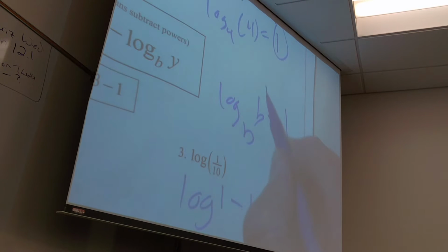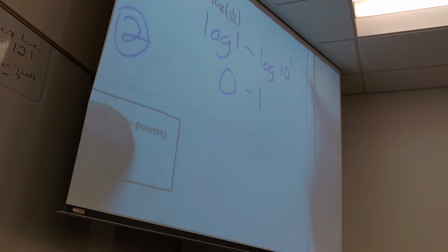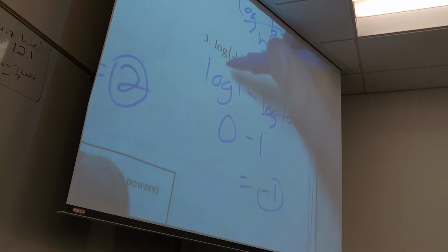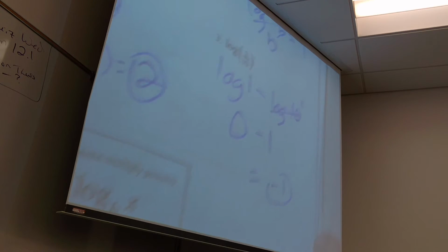Because there's an understood 1 here, right? So if you like the whole kill it and see who's alive, just put the understood 1 there. So when you kill the 10 of the log, there's that 1 still left. And you don't need any of this, because what do you do to 10 to make it become 1/10? You flip it. So you put a -1 power on it. But thankfully the properties come out with the same answer. Okay.